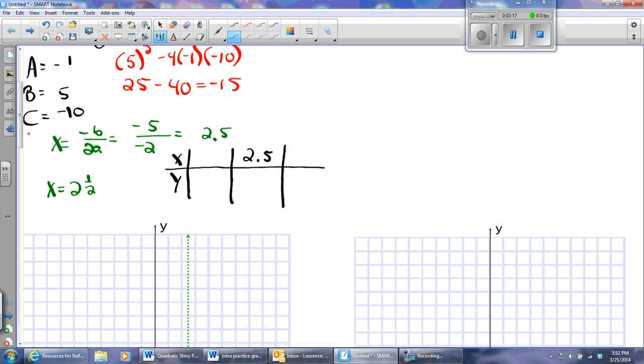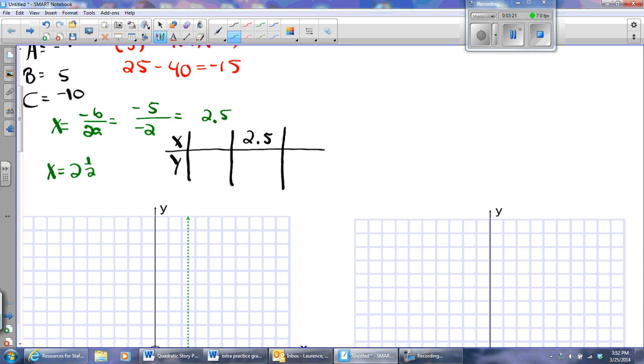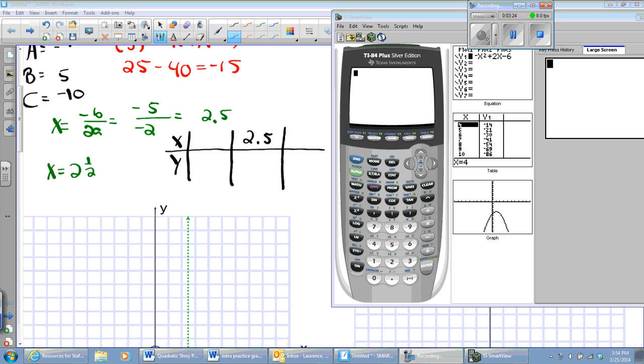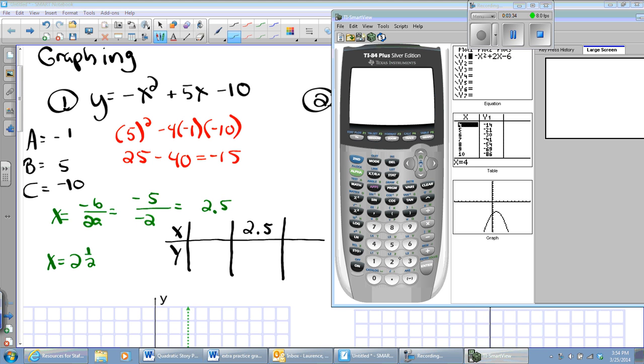Okay, so I'm going to plug 2.5 into my graphing calculator. Okay, so I've got my graphing calculator up. And so my equation, what was my equation again? It was negative x squared plus 5x minus 10. And so I'm going to put my 2.5 in there. Yeah, it's a little slow going today.